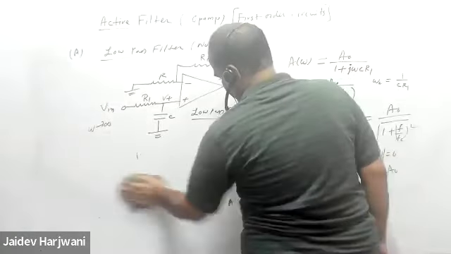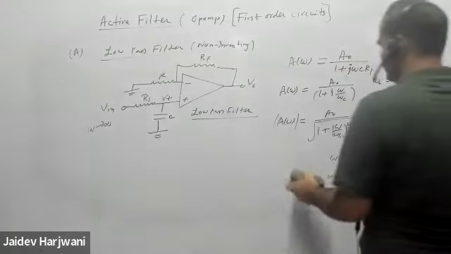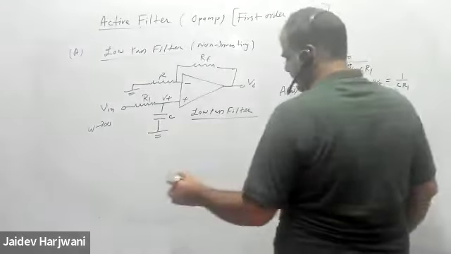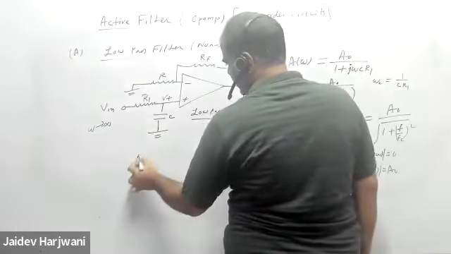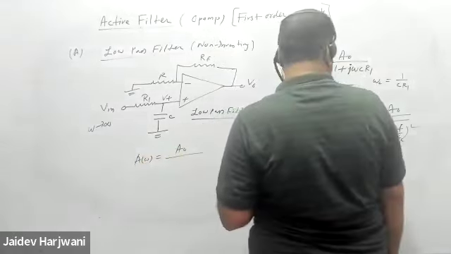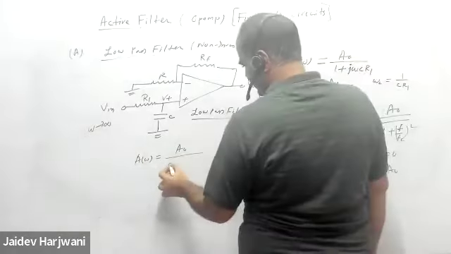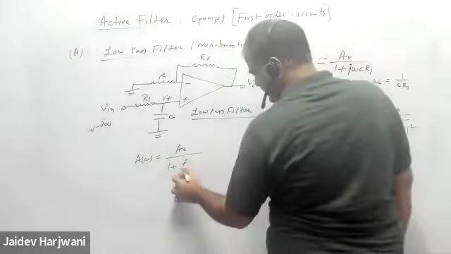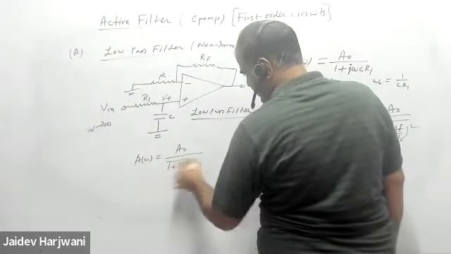Say I have this expression of gain, I'm writing it out again: A omega equals A naught upon square root of 1 plus f upon fc squared.